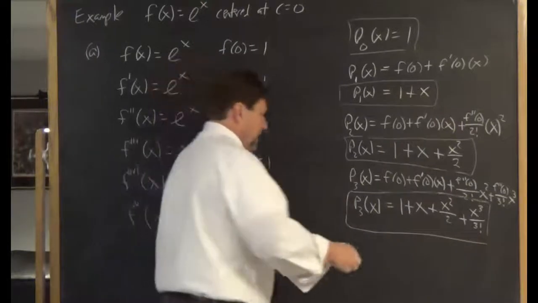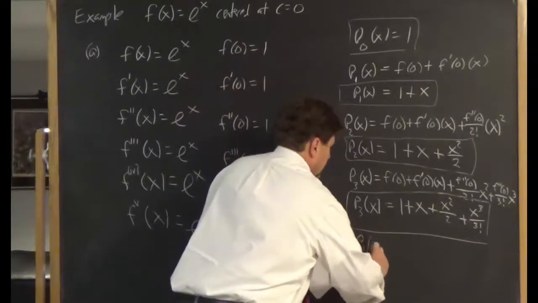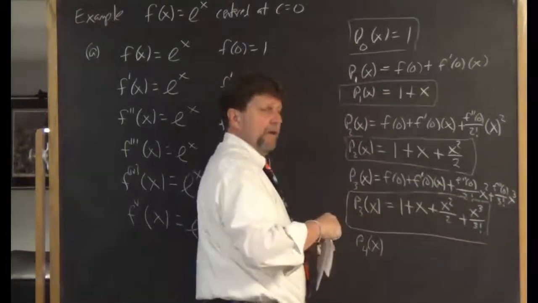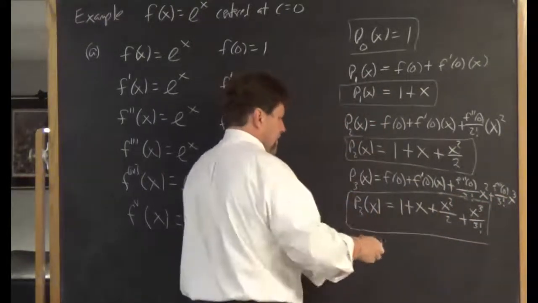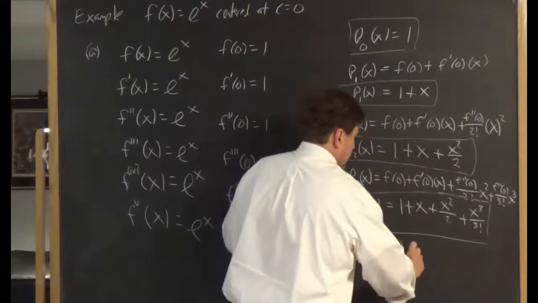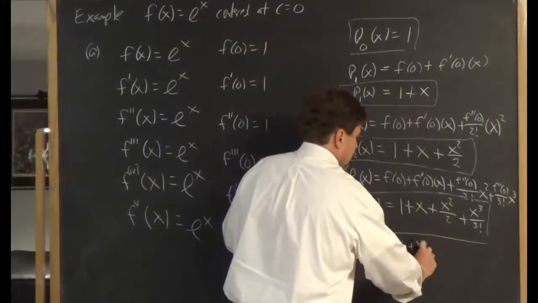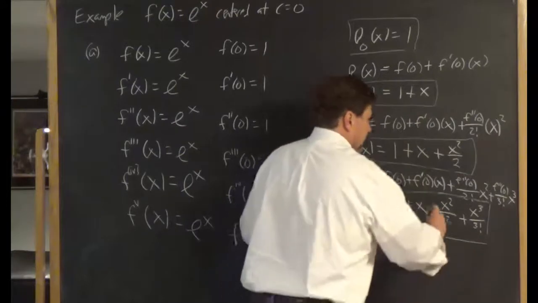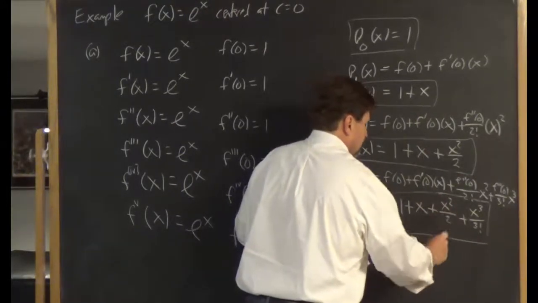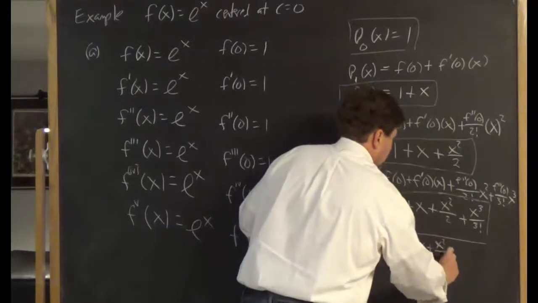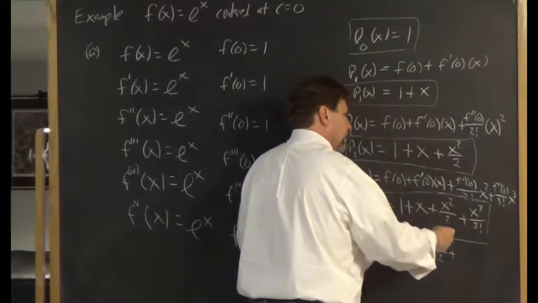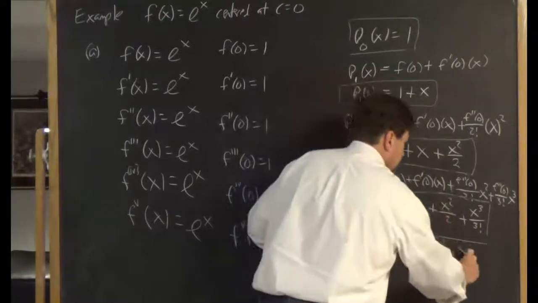P sub 4. Like I said, that was the last time I was going to write down purely the stuff from the definition. P sub 4 is f of 0 plus f prime of 0 times x plus f double prime of 0 over 2 factorial times x squared. So that's x squared over 2 plus f triple prime of 0 over 3 factorial times x cubed.